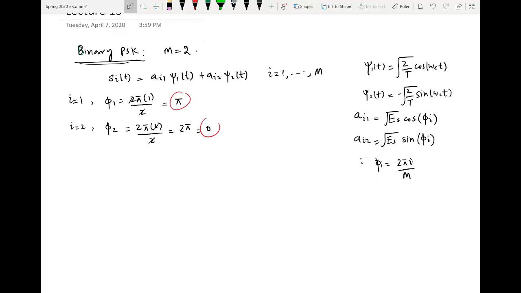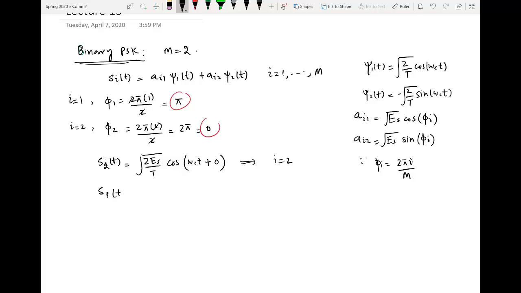So if we put these phases in the transmit pulse Si of t, that comes out to be square root of 2Es over capital T cos(omega_c t plus 0), corresponding to i equal to 2, and we can say it is S2 of t.